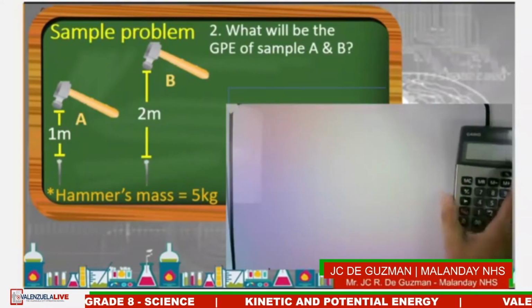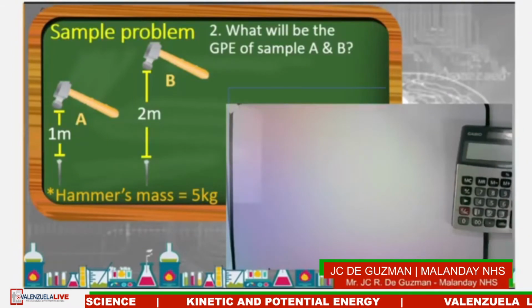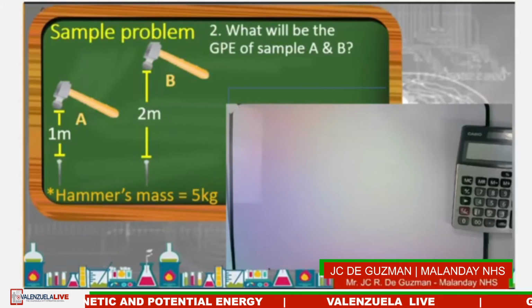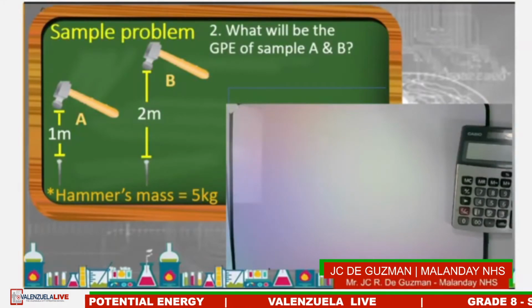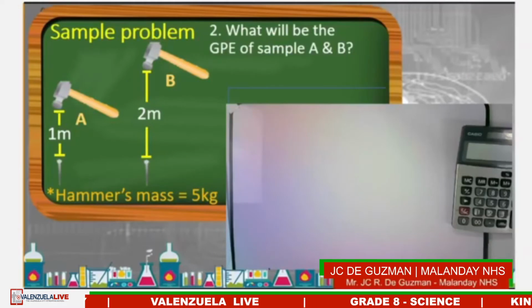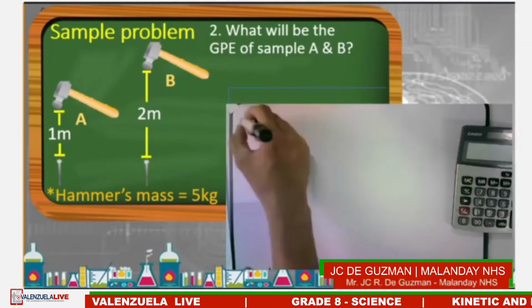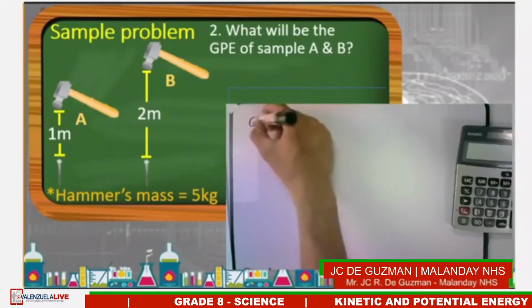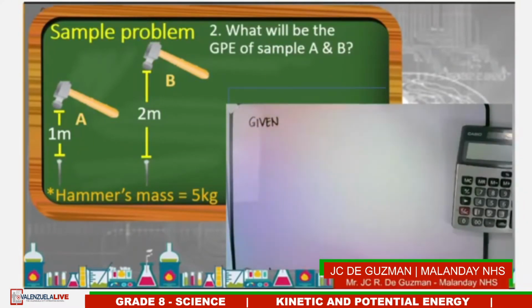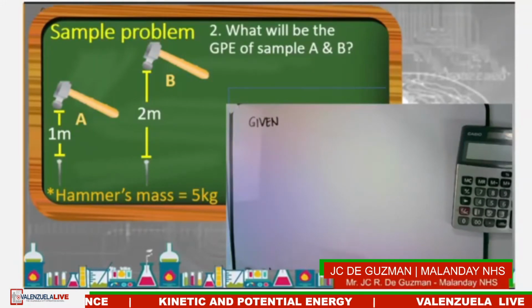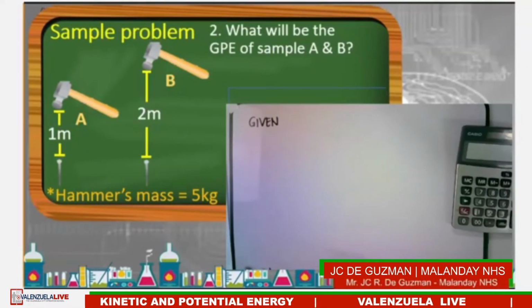For us to be able to solve for the gravitational potential energy, we will use the GRESA method to solve the problem systematically. Alright, so for the first problem, we have the given. The given problem is we have the mass and the height of an object.